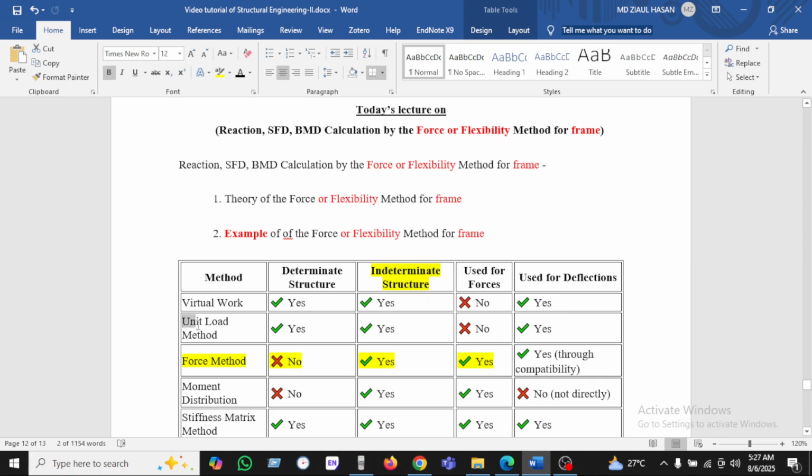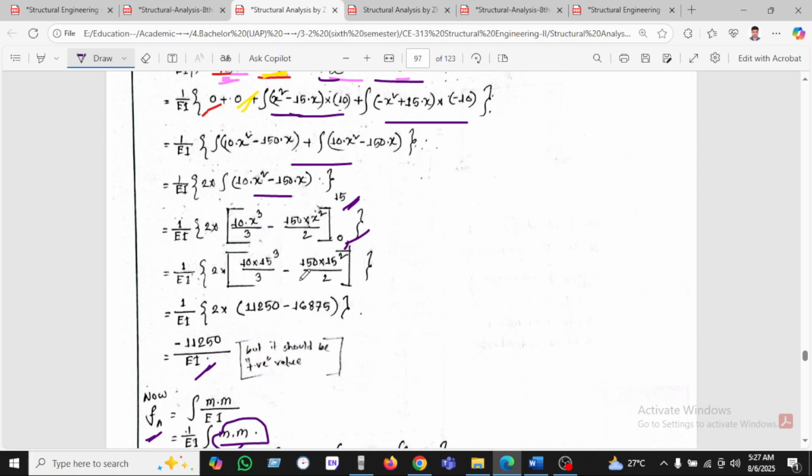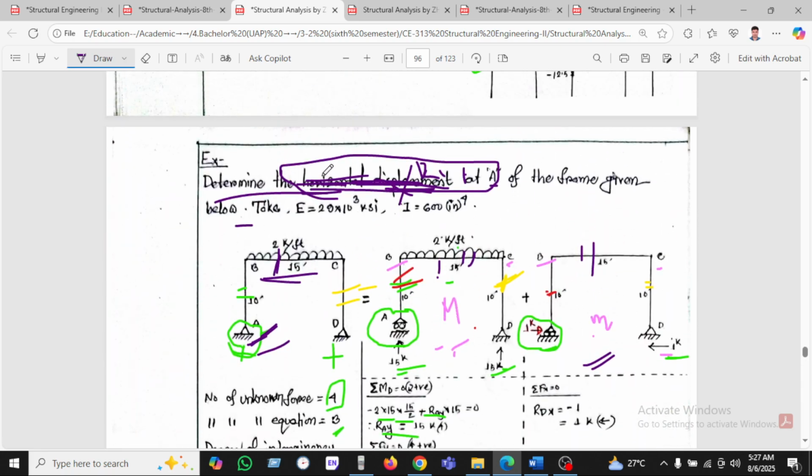For a determinate structure we use the virtual work method, but we do not find any forces, we just find the deflection, rotation, like that, not forces. That's why we have been seeing the deflection and rotation. But in this case we found reaction, not deflection. So that's why our question was wrong.